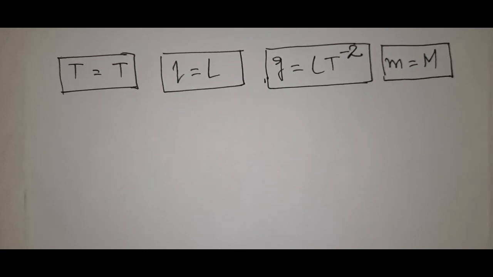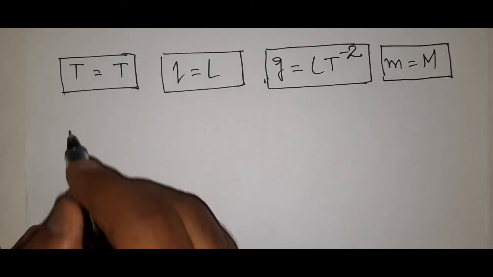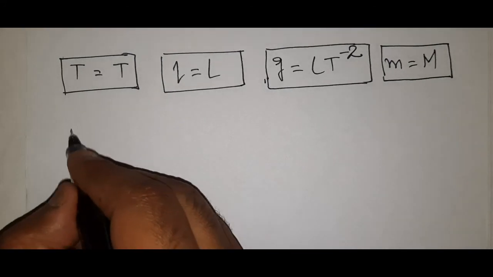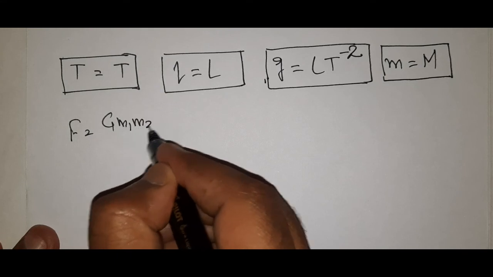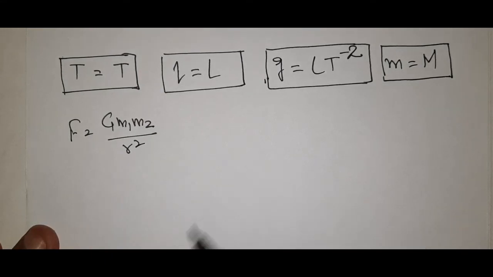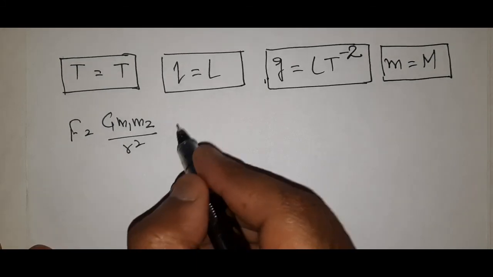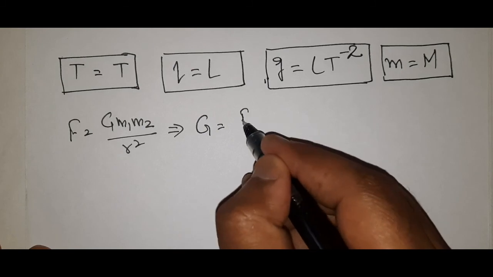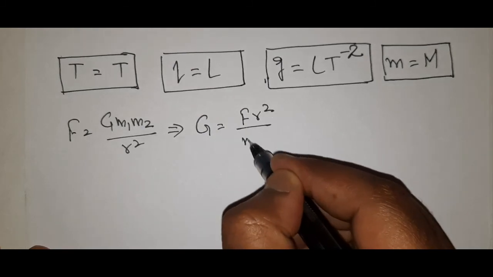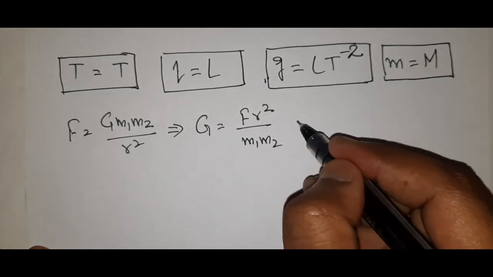How will this be calculated? See here. For the universal gravitational constant, what will we be doing? F is equal to G m1 m2 over r square, Newton's law of gravitation. So G is equal to F r square over m1 m2.